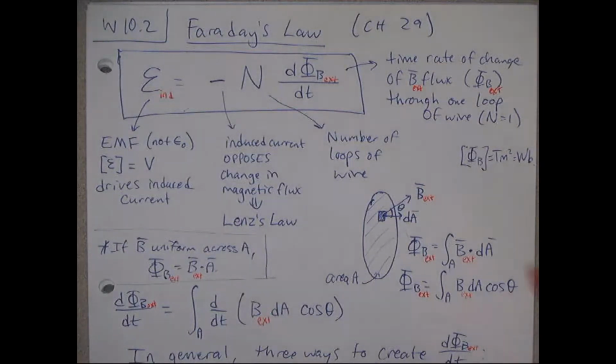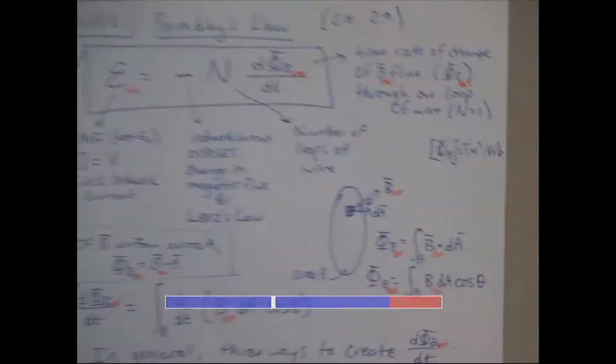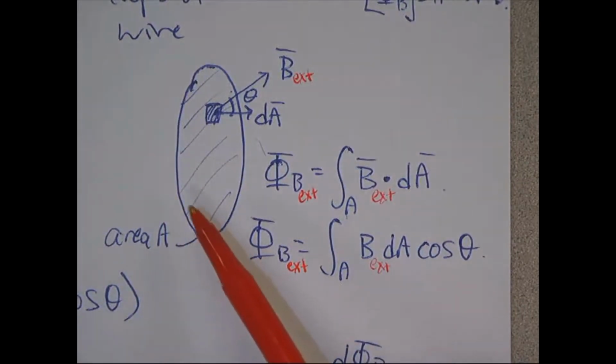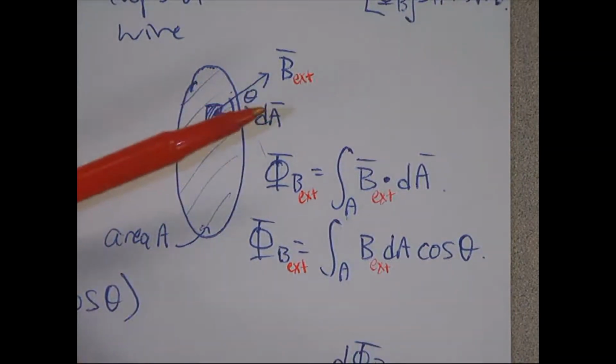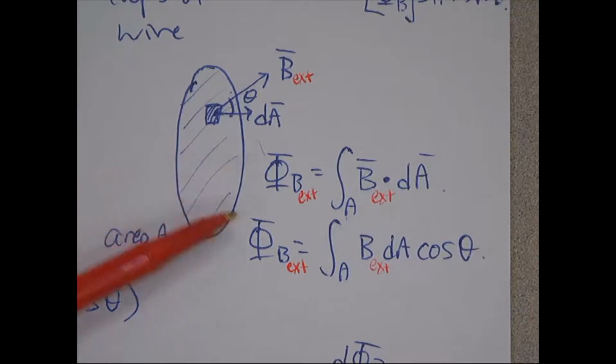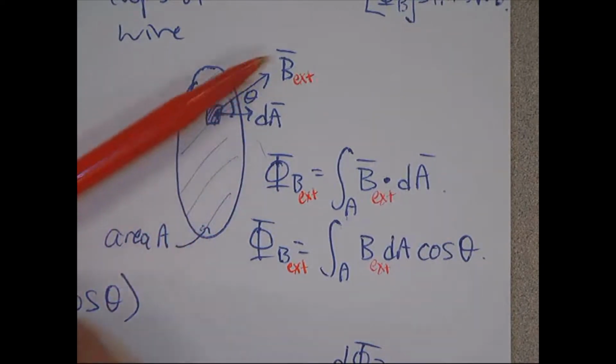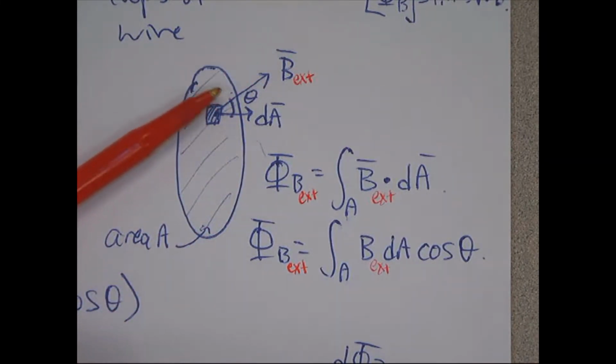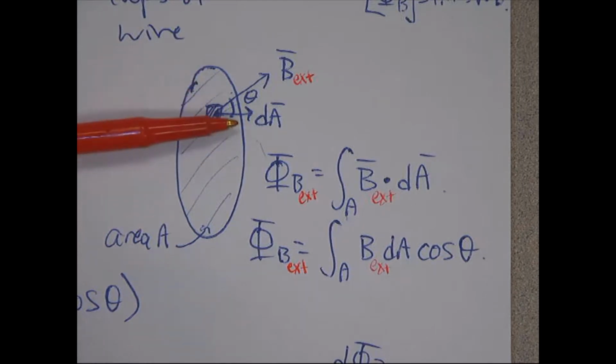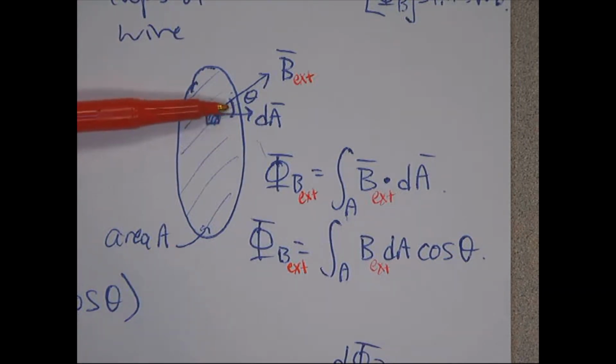We'll remind you, when finding the magnetic flux in Tesla meters squared or Webers, we're going to look at our surface A, consider the magnetic field everywhere across that surface, and take the dot product of the field with the local infinitesimal area vector dA.